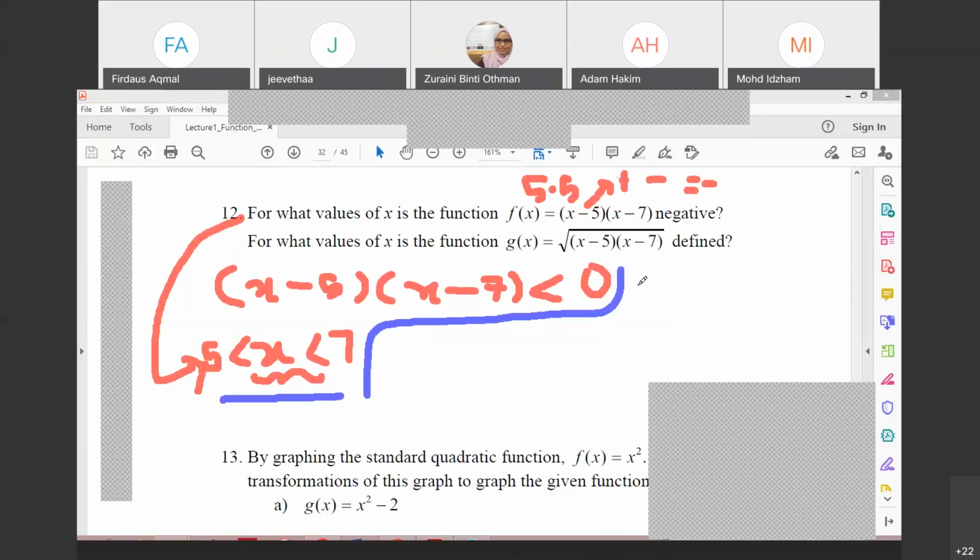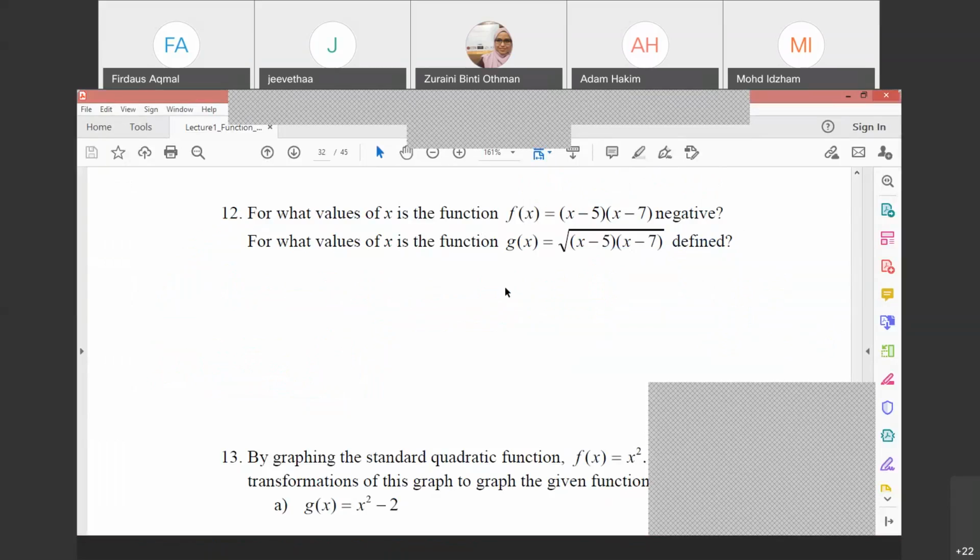So now we know that X will be positive sebab dalam ni mesti lebih besar sama dengan kosong. Unsur-unsur dalam ni. So now when it is greater and equal to 0, when X is less than 5, or lagi satu jawapan dia ialah when X is greater than 7. So it will be defined here.